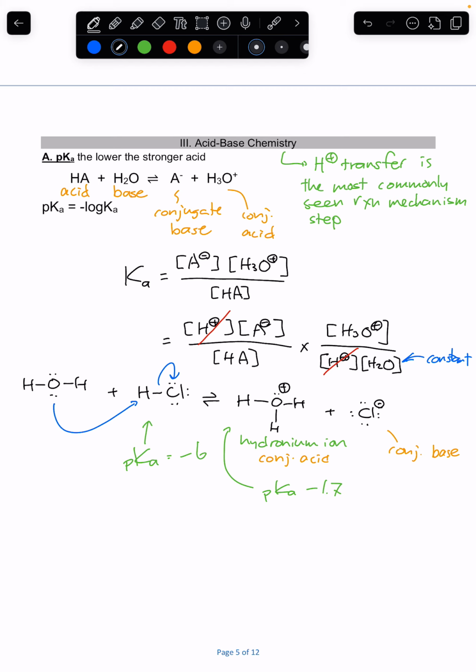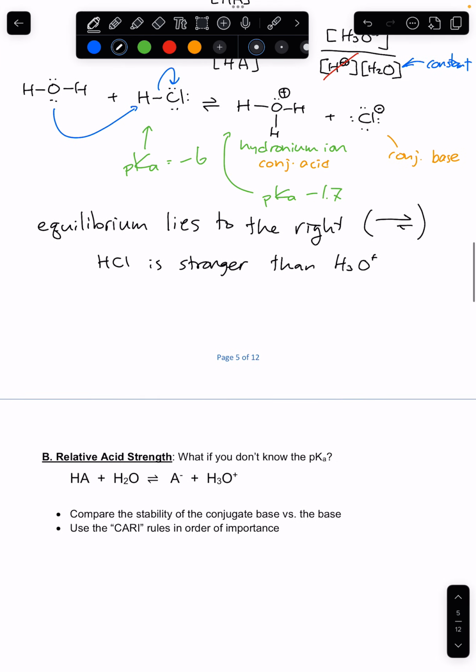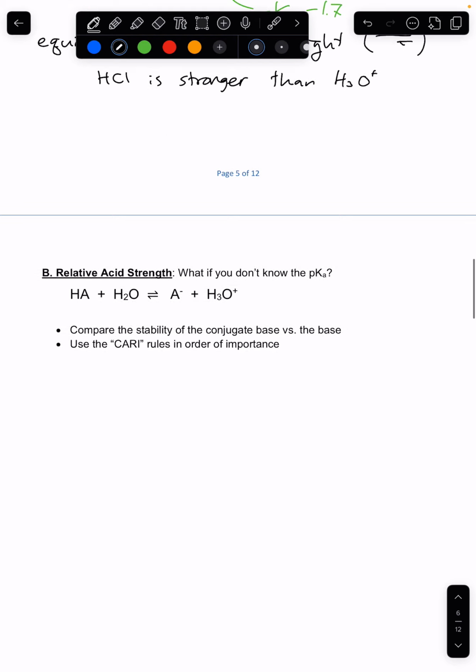So maybe we'll say the reaction equation arrow could have been shown kind of like this. Okay. Another way of saying it is like that. HCl is stronger.